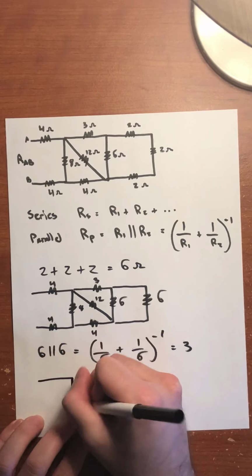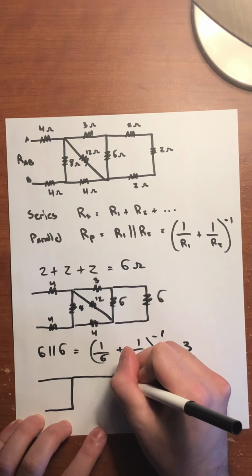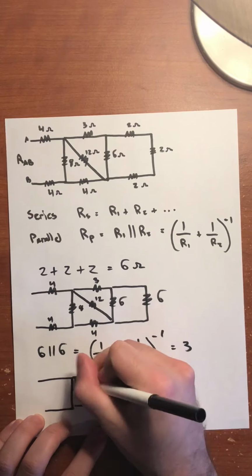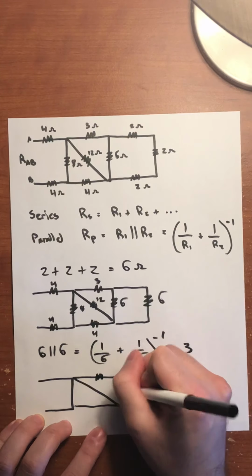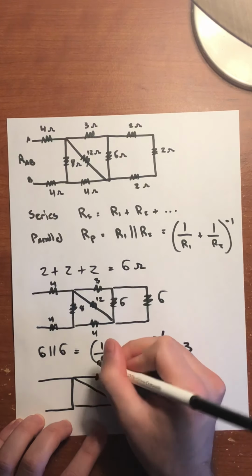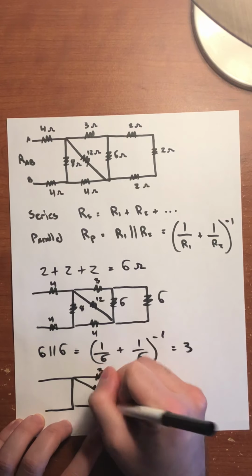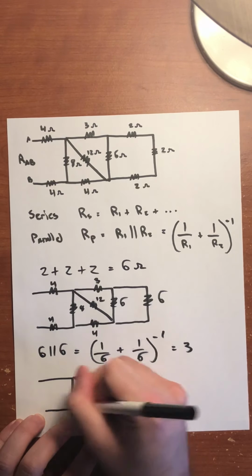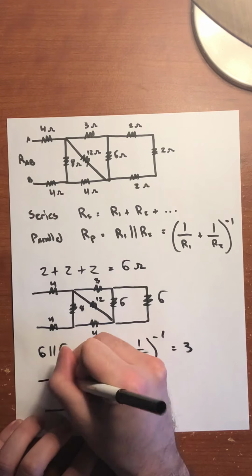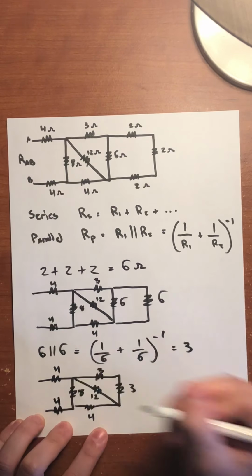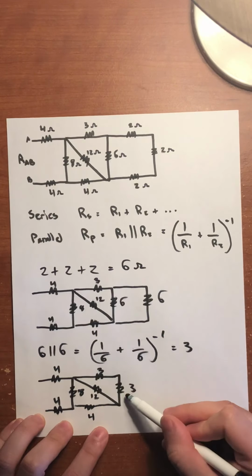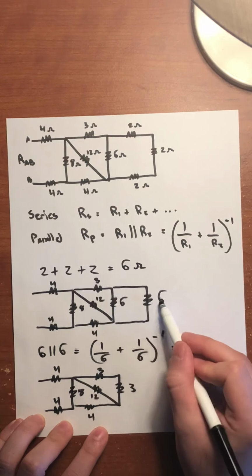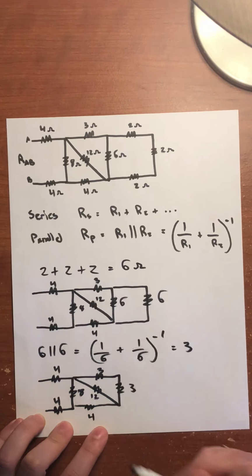So if we redraw the circuit again, this becomes 3 ohms. Since 6 is in parallel with 6, we get 3.